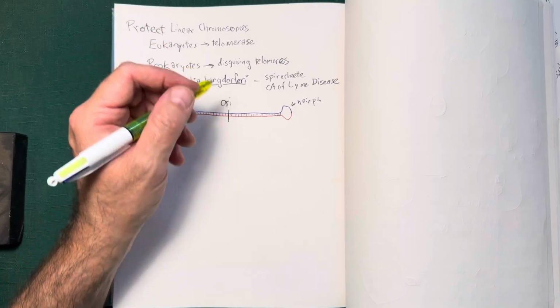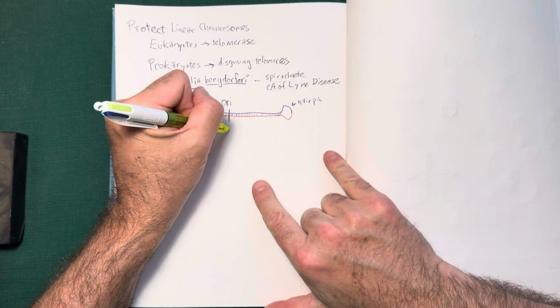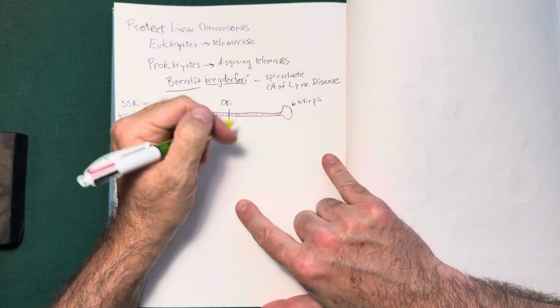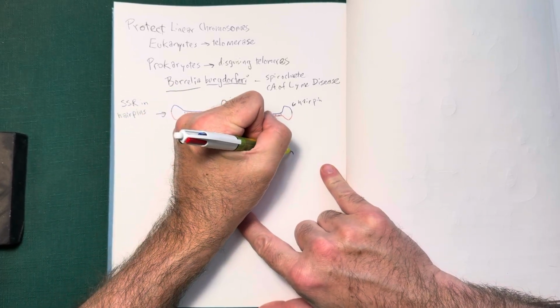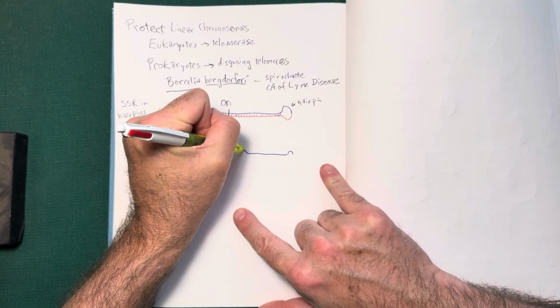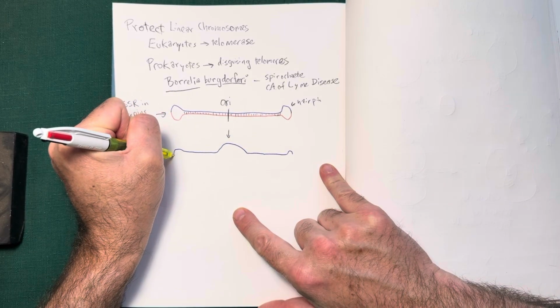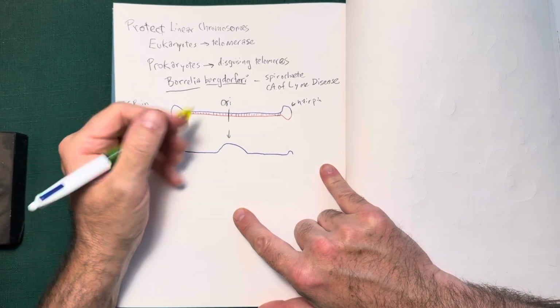And when this molecule is getting replicated, we're going to find some interesting things happen. So we got our hairpins. We're going to open up our replication bubble, going into our replication fork.